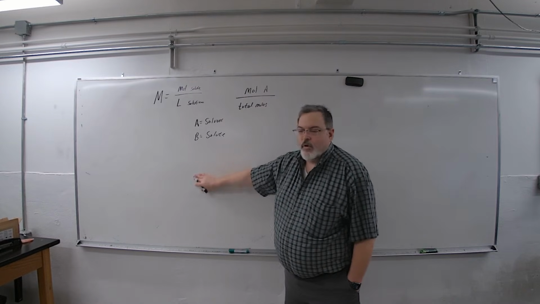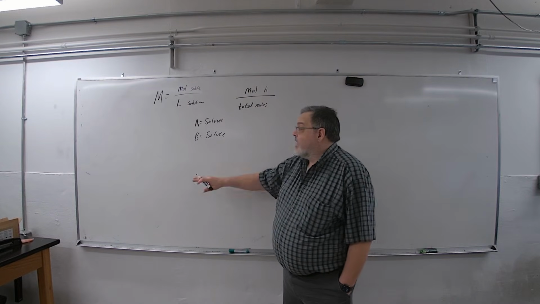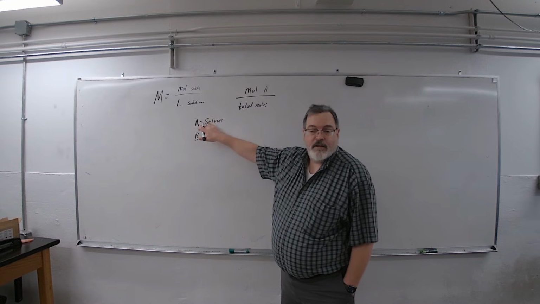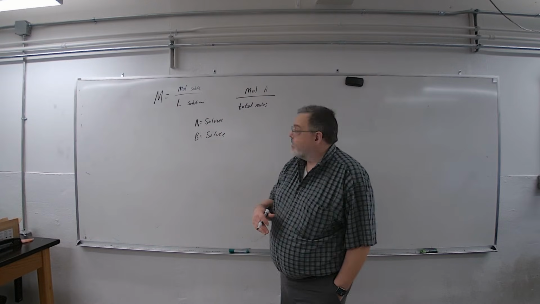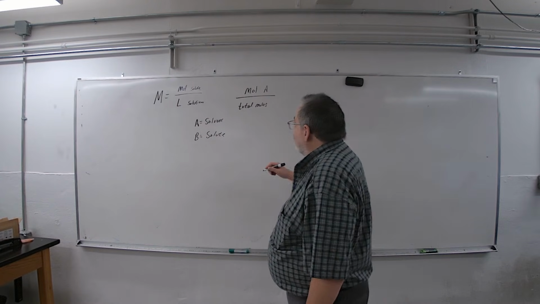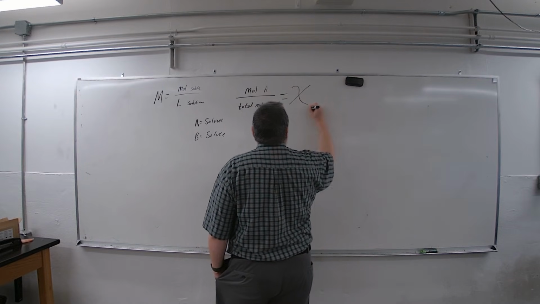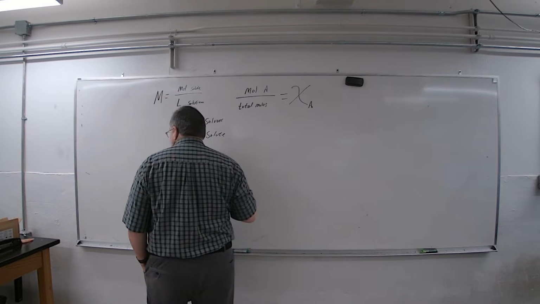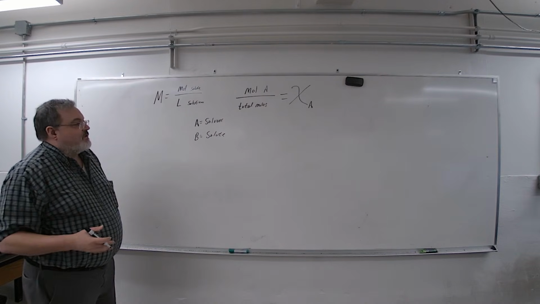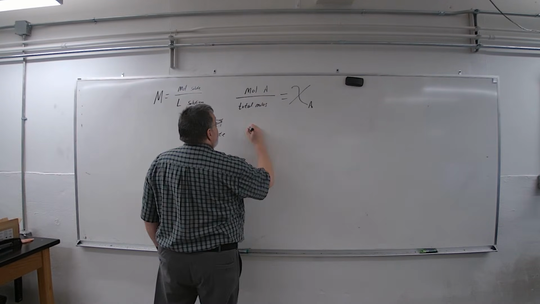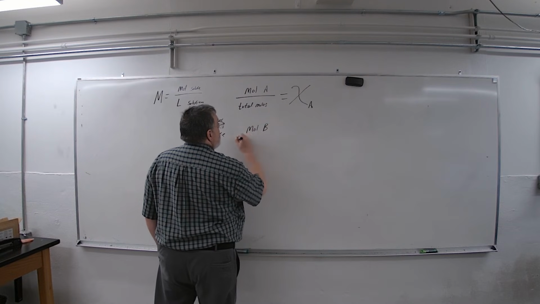Of course, you can put more things together, so you can have all components. We'll tend to just do what we call binary mixtures, where you've got a solvent and a solute. But that's how you calculate that. I use kind of a fancy X for that. And A means that's the mole fraction of A. And you can also have moles of B.